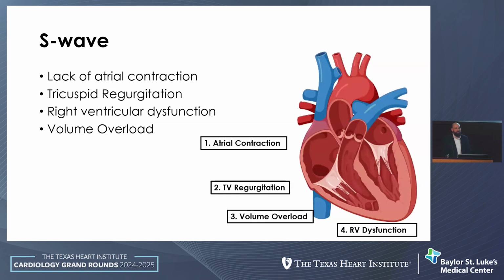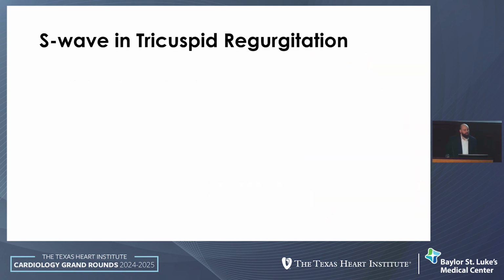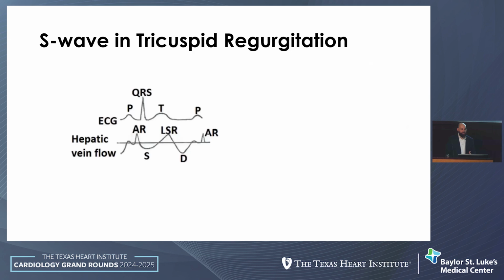But remember, we have to understand that S-wave abnormalities occur because of these four major issues. Either a lack of contraction like an atrial fib, bad TR, a bad RV, or high PA pressures, or a combination thereof. It's important to distinguish where exactly in the cardiac cycle this flow reversal actually occurs.